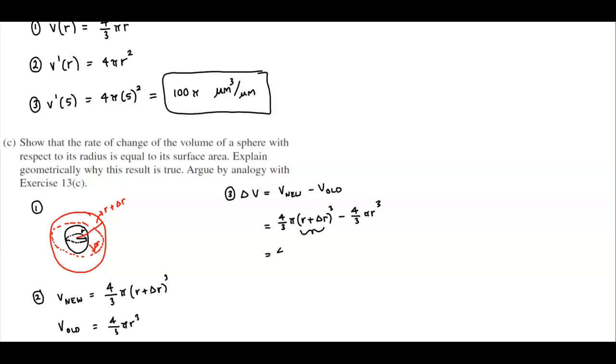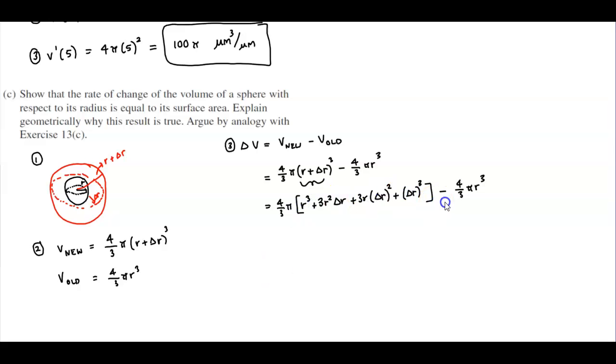So when we do, we get 4/3 pi times R cubed plus 3R squared times the change in R plus 3R times the change in R squared plus the change in R cubed, minus 4/3 pi R cubed.